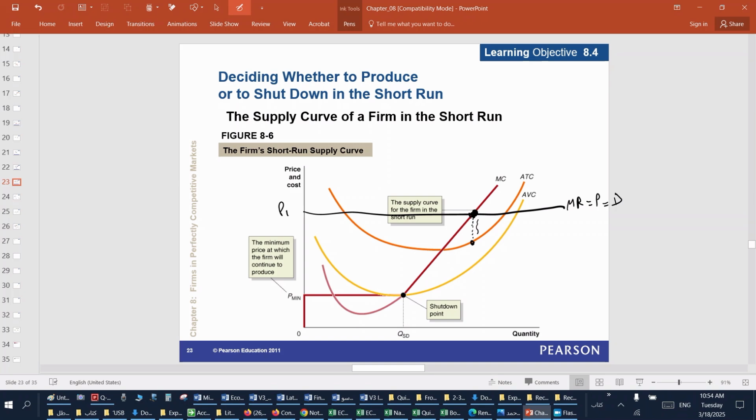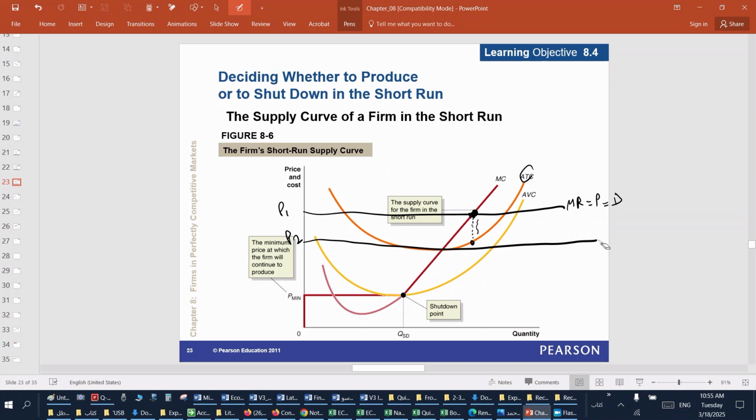Assumption 2, what if market price goes down to P2? So this is P2. And as you see, the market price is touching the bottom of average total cost. Now we want to know the quantity that maximizes the profit.